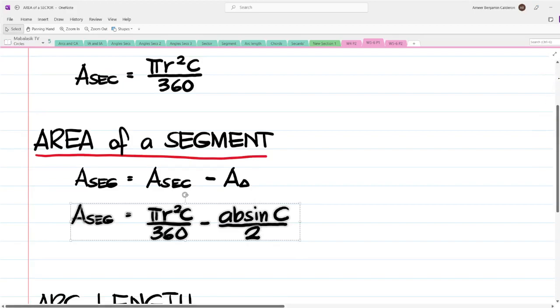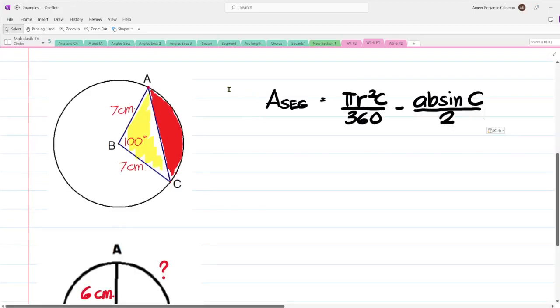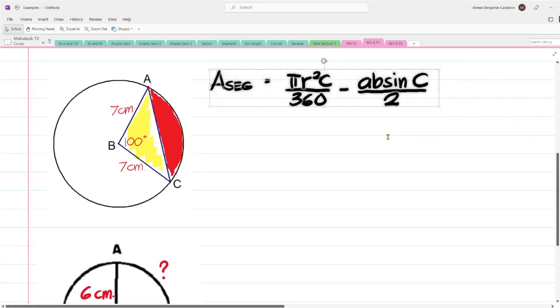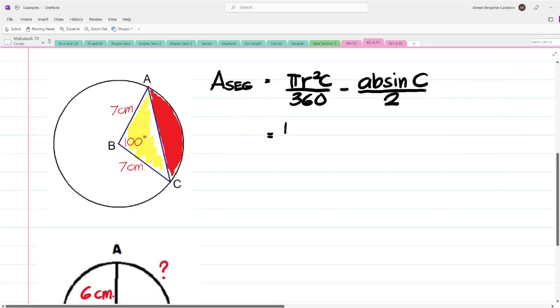So I'll copy this formula and paste it here so we can solve for the area of the shaded portion, which is a segment. Basically, we solve for the area of the sector first, and then solve for the area of the triangle, and then subtract the area of the triangle from the area of the sector. So this is going to be pi. R here is 7, so that's 7 squared.